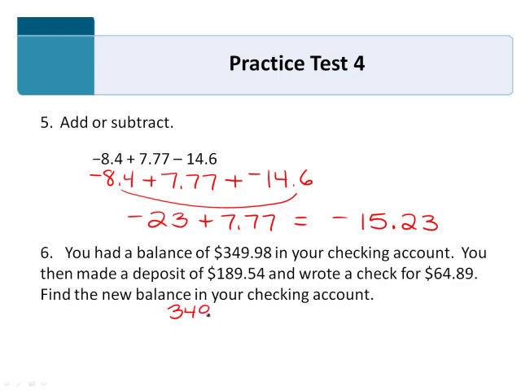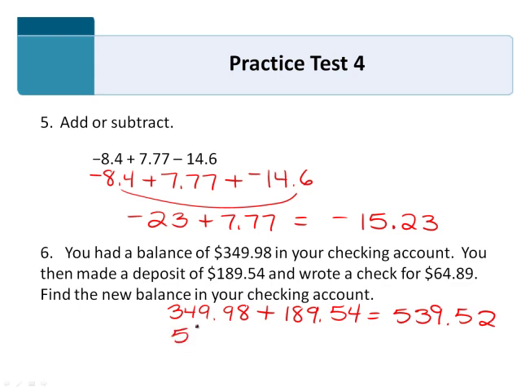So we're going to do 349.98 plus 189.54. And that comes out to be 539.52.